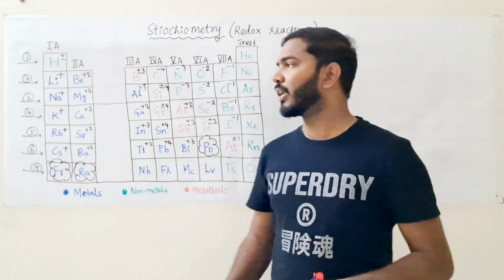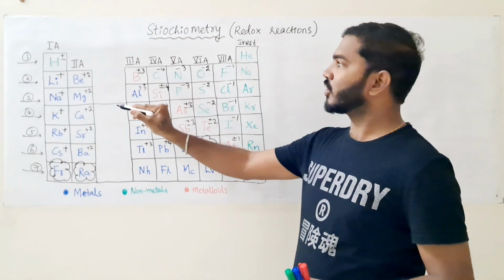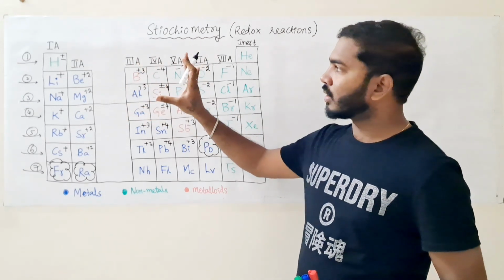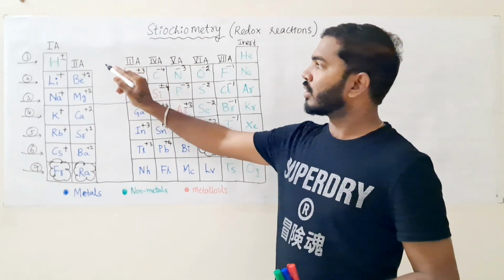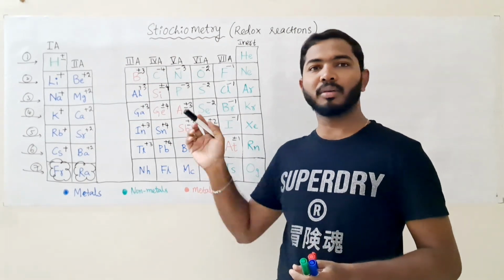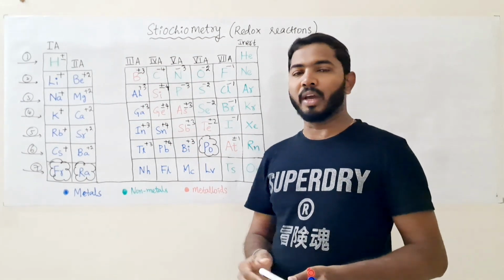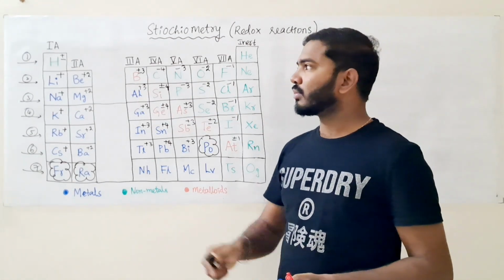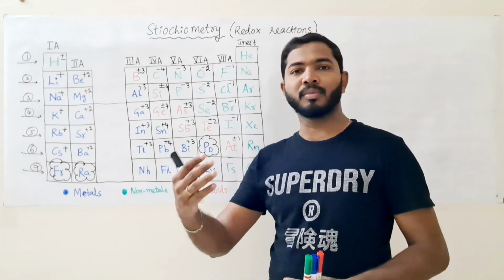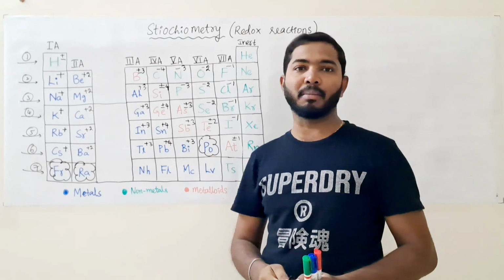One of the very important points I would like to mention here is this is how we are able to understand the stable charges of different elements in the periodic table.